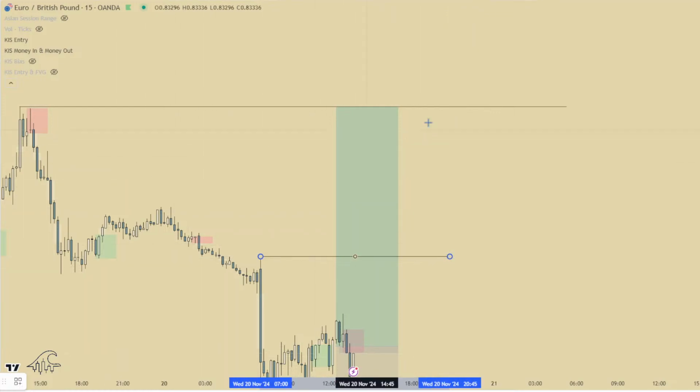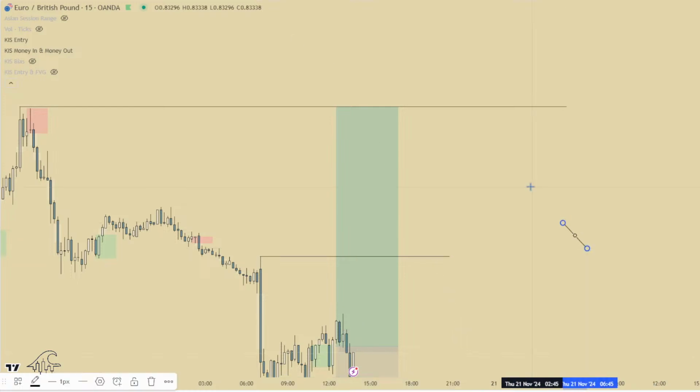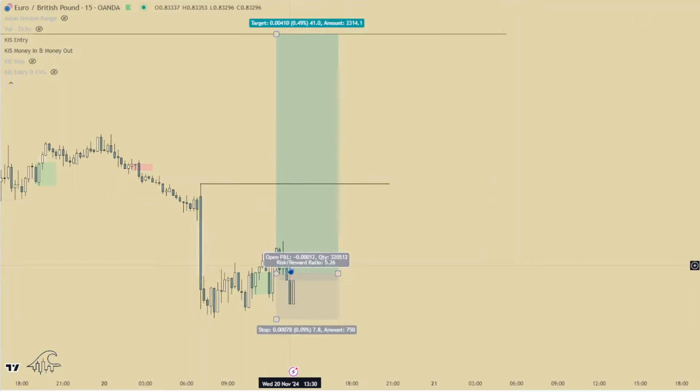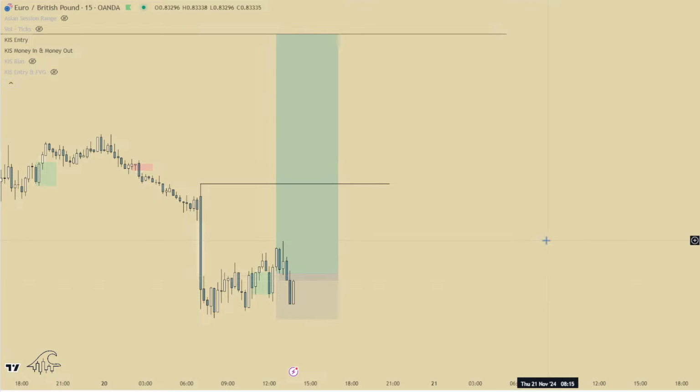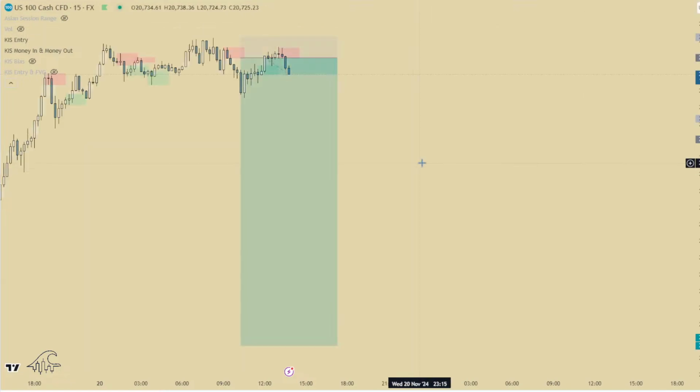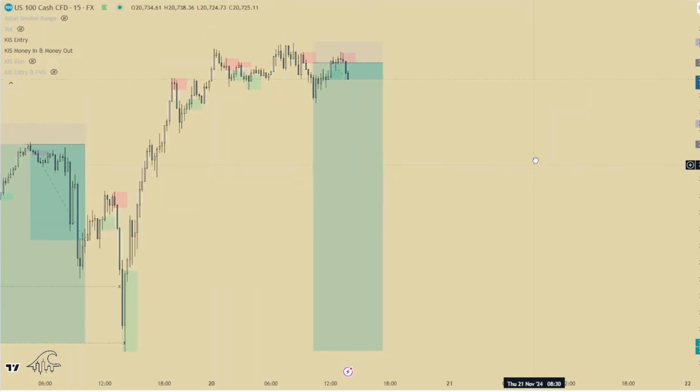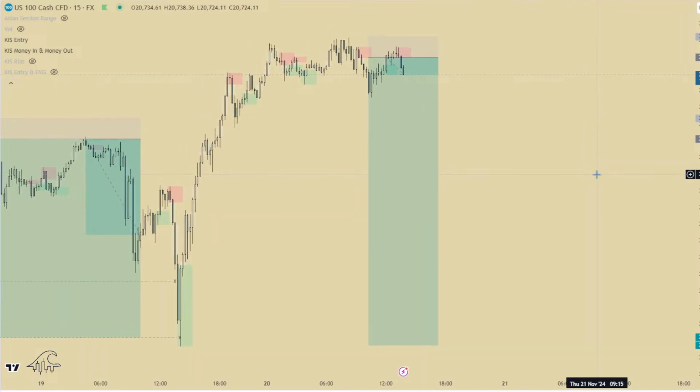Until we hit here, it's whatever. We just let it run. See how that red area deleted? Gravity is gravity. True. Unfortunately for us, gravity doesn't exist in the market.